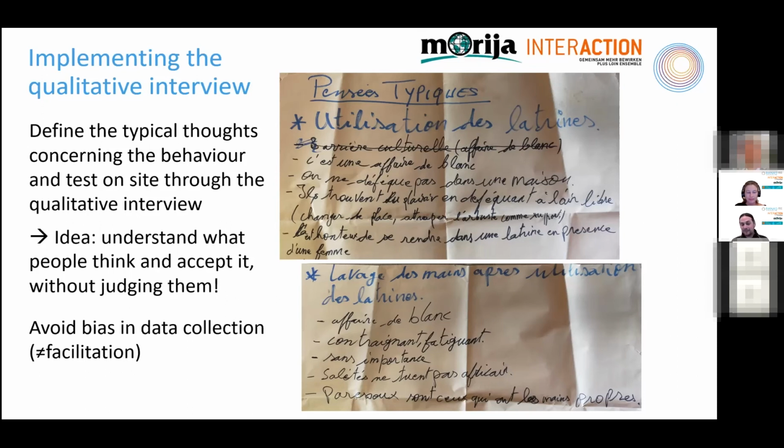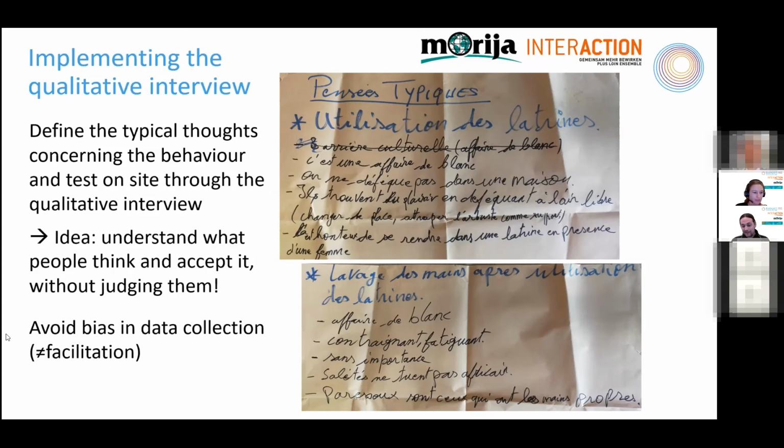That may be funny, but actually it has a big impact that people don't want to use a latrine. About hand washing, below, we also have this white people business. Some people think it's tiring to do that. It's not important. There's also kind of a preconceived idea that dirt doesn't kill the African guy. We are stronger than dirt.